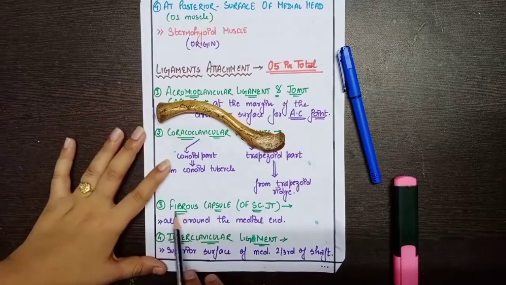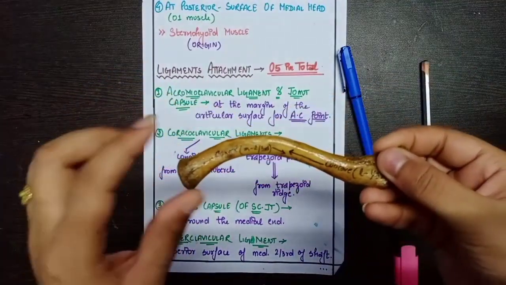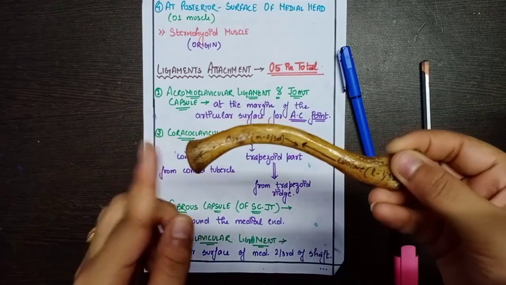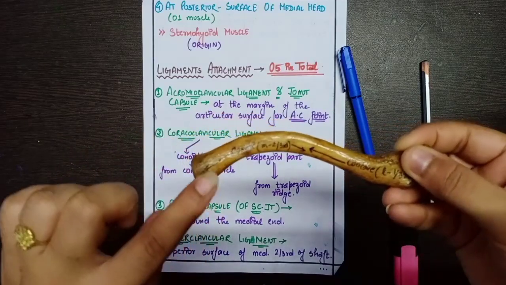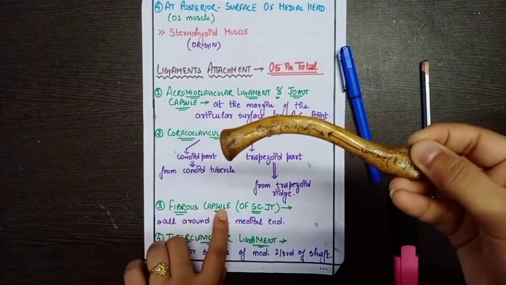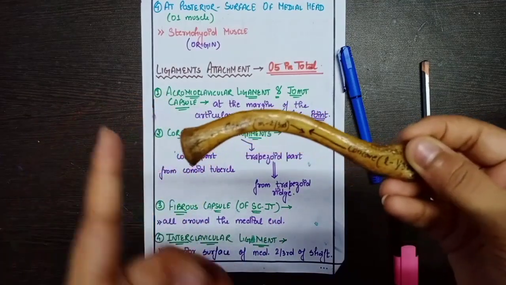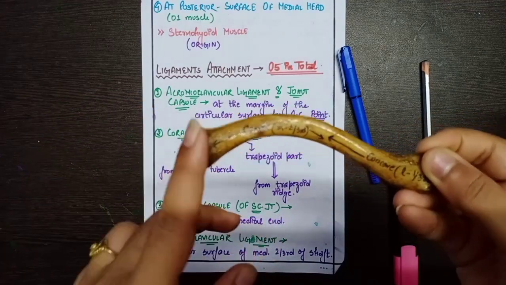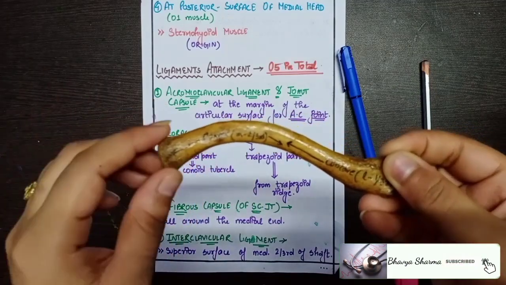Now the third one is your fibrous capsule, that is of your sternoclavicular joint. See what is written here, all around the medial end. So this is your medial end. This end is forming the sternoclavicular joint, right? So here in the medial end, all through the medial end, there will be the fibrous capsule of your sternoclavicular joint. See how it is possible: this end, your sternal end, is articulating with the clavicular notch of the manubrium sterni, right?